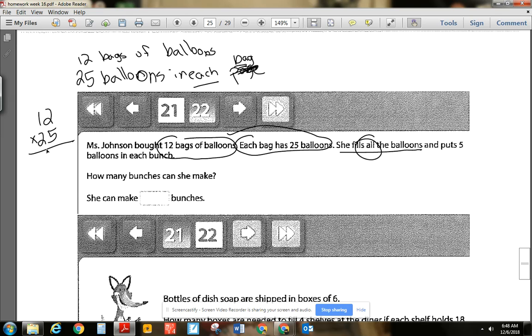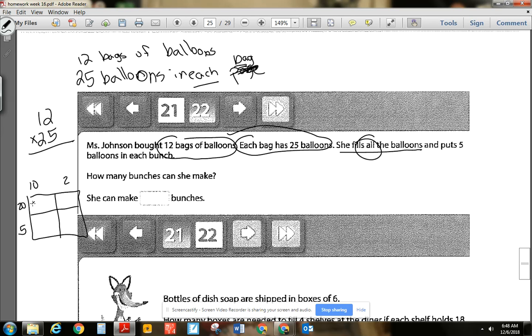I'm going to do the window method. So I'm going to do 10 and 2, and 20 and 5. All right, let's find out how many total balloons Ms. Johnson actually bought. She bought 12 bags and there's 25 balloons in each bag. So she bought how many balloons?